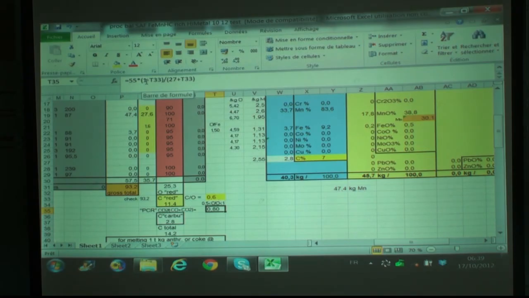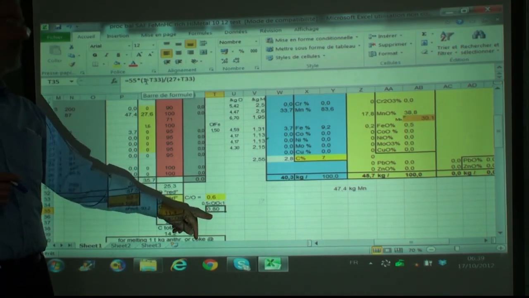And this is the slag. So, why in the case of ferromanganese do we assume a good PCR?